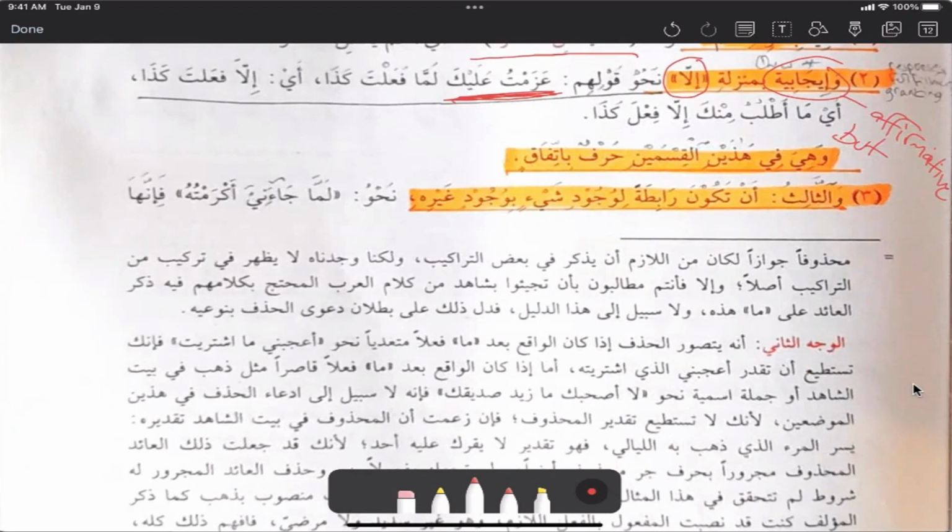والثالث أن تكون رابطة. And the third case of lamma is to be a link, a connector. لوجود شيء بوجود غيره. It indicates the existence of something because of something else. It proves the existence of something because of something else. نحو, for example, لما جاءني أكرمته.